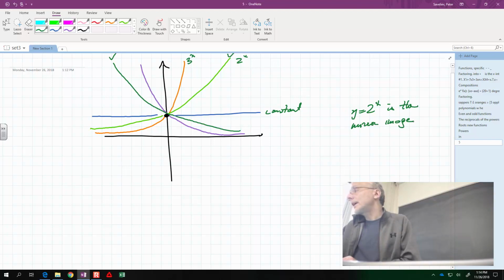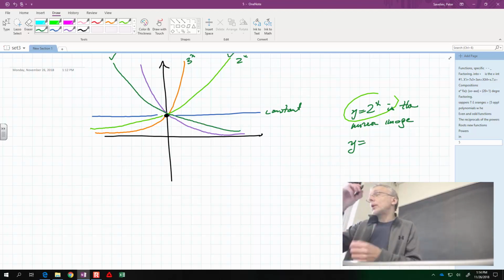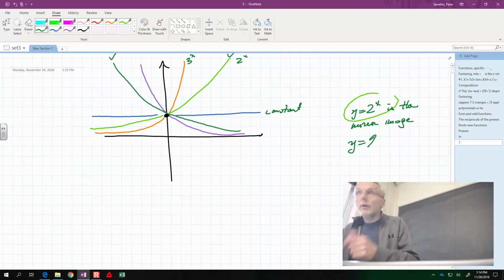What is the other graph? How do we create a mirror image horizontally? So if we start with y equals 2 to the x, the light color is 2 to the x, and what's the dark green? Remember how we make a mirror image? Well, right, that's the answer, but how would we do it? We do it by replacing x with negative x, the horizontal flip.